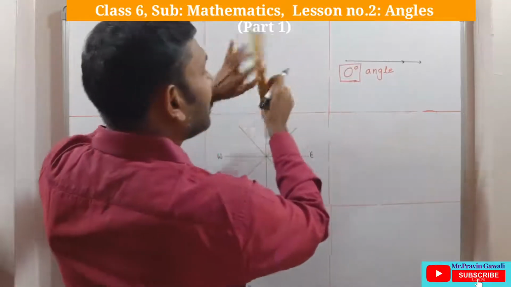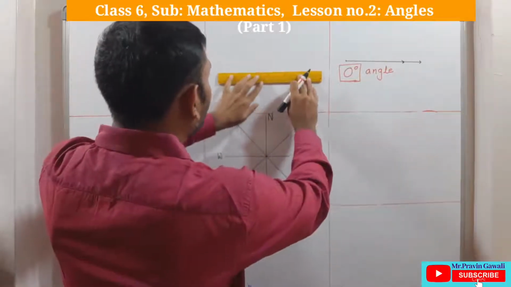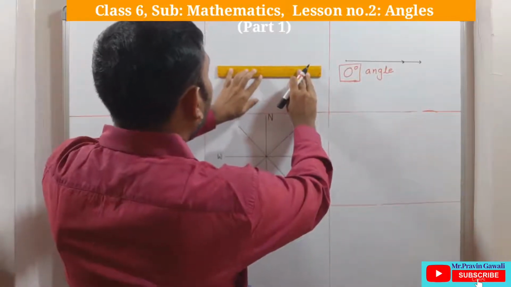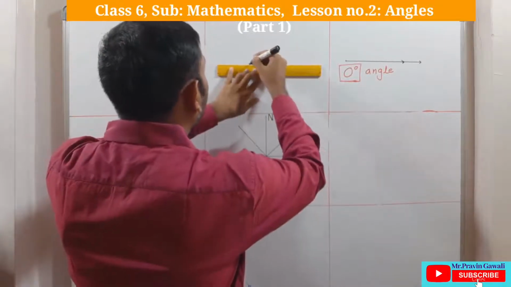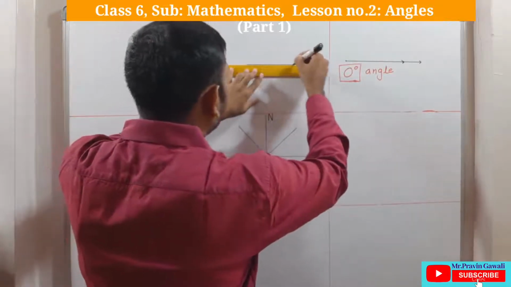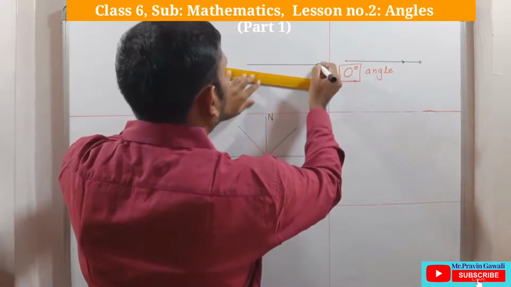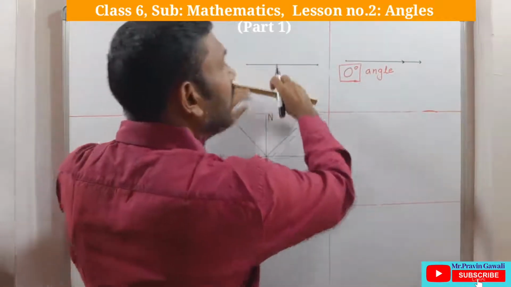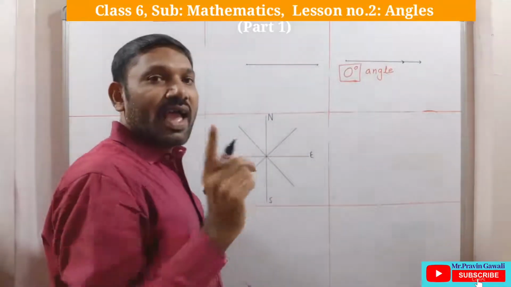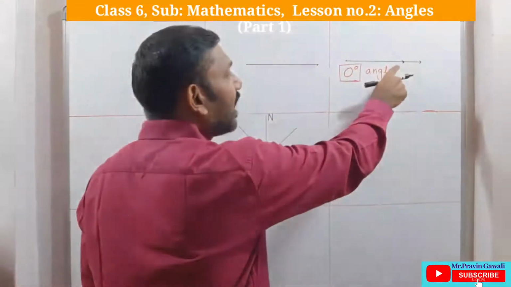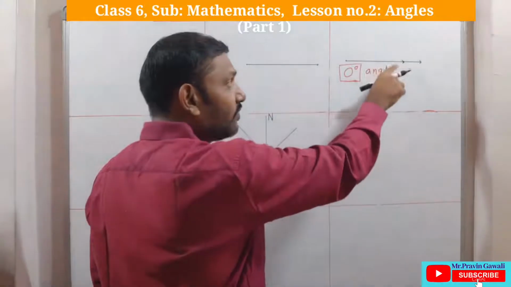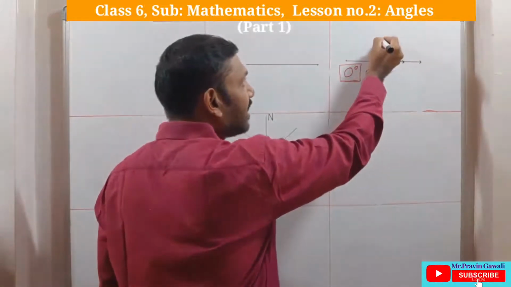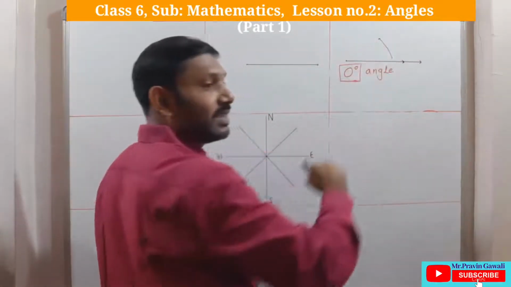See, this is the first initial position. This is the initial position of the stick or the initial position of the hand. If this hand moves further, in this direction, any direction it can move.